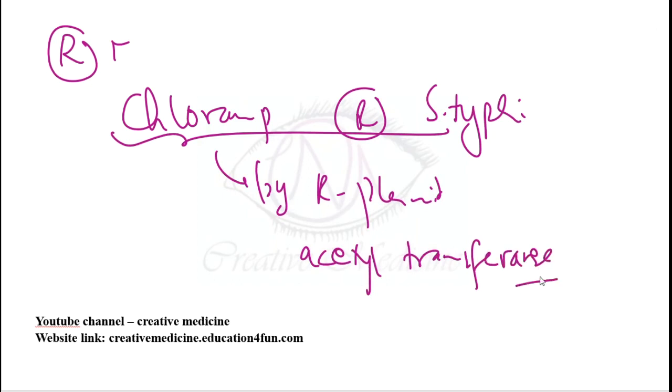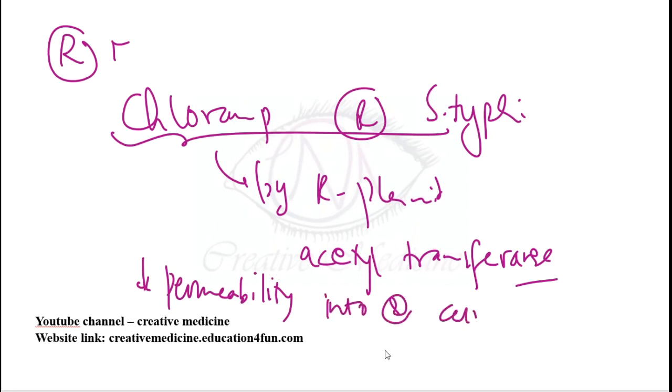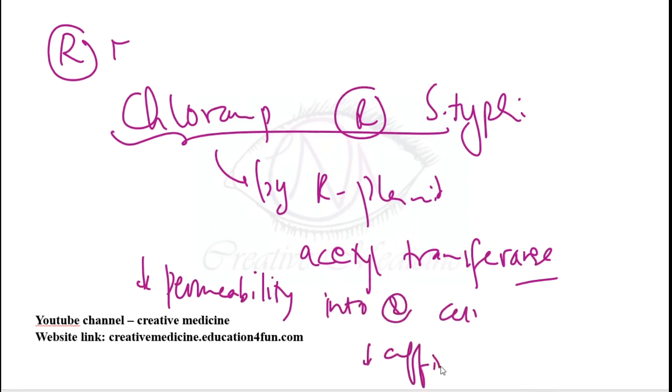This will also decrease the permeability into the resistant cells, and it will also decrease the affinity of ribosomes. So this is about chloramphenicol.